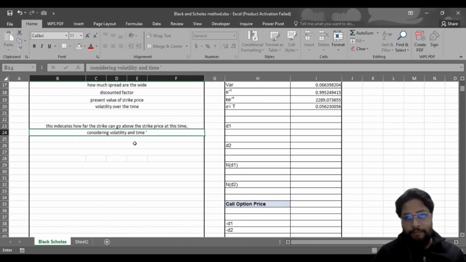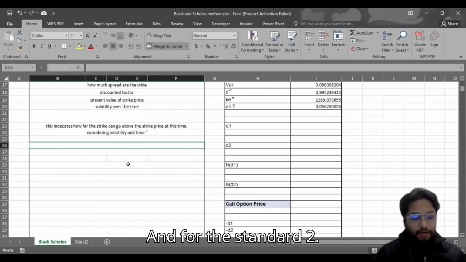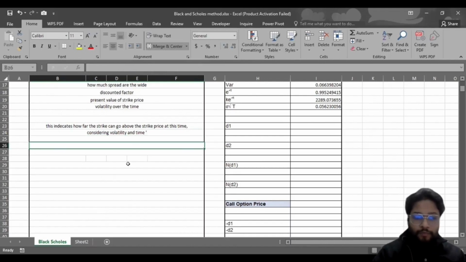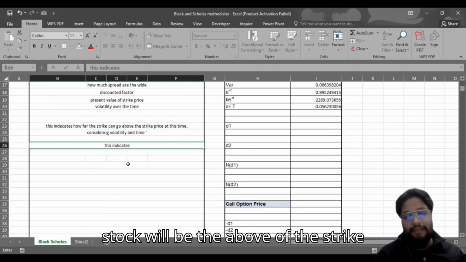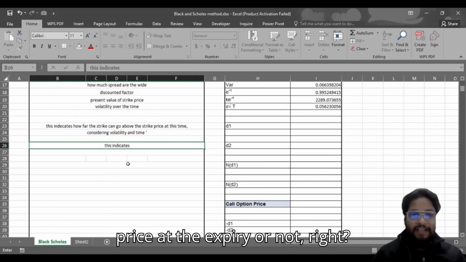Similarly, D2 indicates whether the stock will be above the strike price at expiry or not.